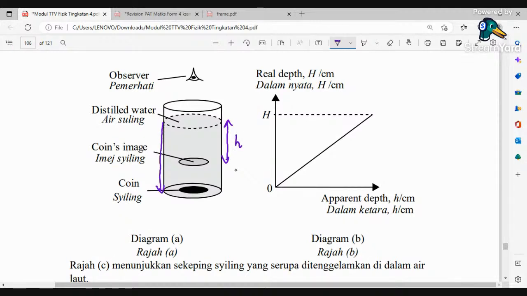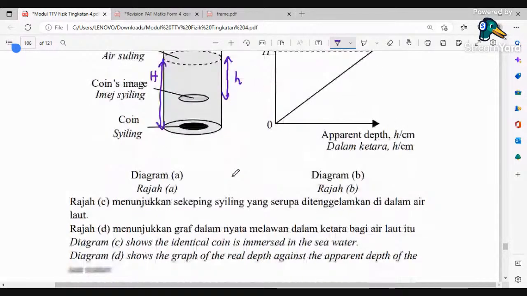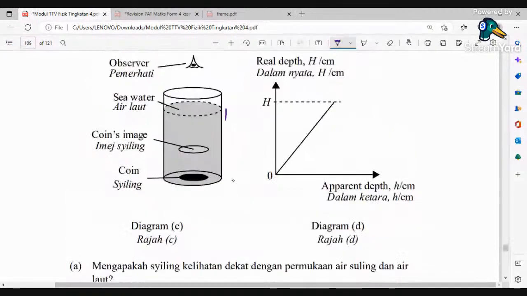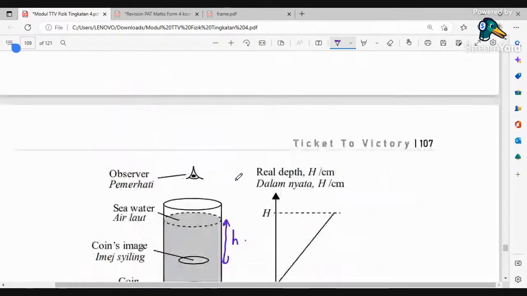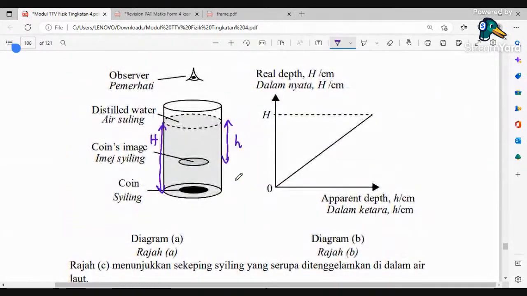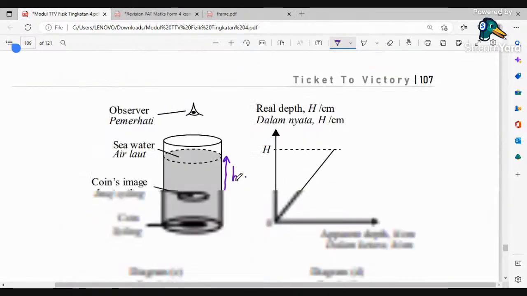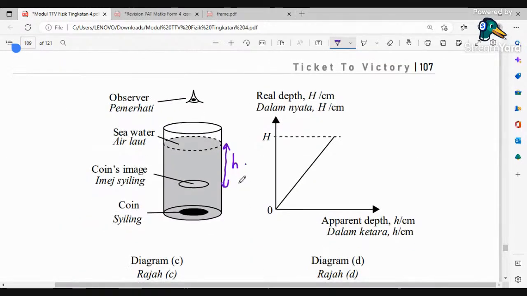Okay. From surface to object, ini ialah real depth. Jadi ini untuk yang A punya. So this is for sea water. Okay, can see the difference. I hope you can see lah. Kena dekat lah boleh nampak.